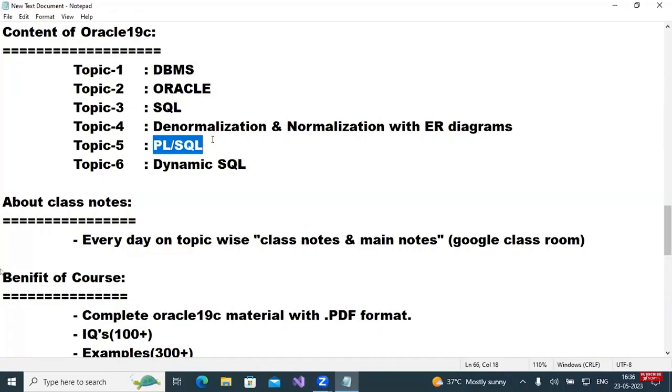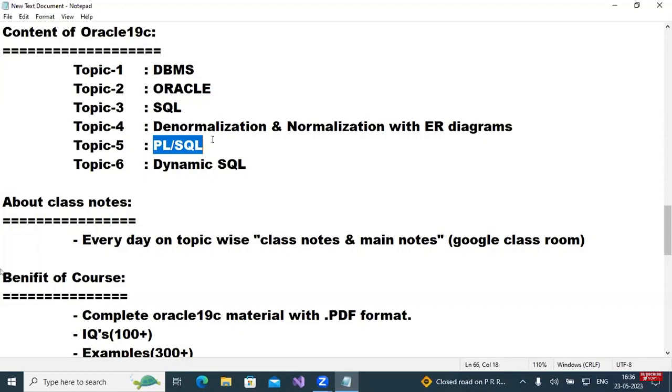Now, does Java support procedures? Not supported? Question mark. Yes or no? That question mark you will overcome by using PL/SQL procedures. So that means almost every topic you are learning in core Java is there here in PL/SQL.